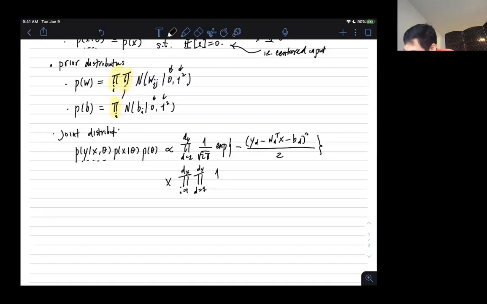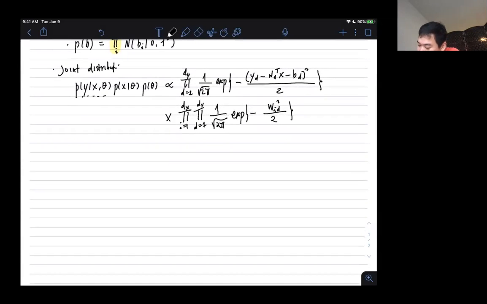Similarly, because it's all Gaussian distribution, it makes everything so much easier: 1 over square root of 2 pi, exponential of minus w squared over 2. This one is simple, because the mean is just 0, right? Nothing else there. And that was the p of theta.